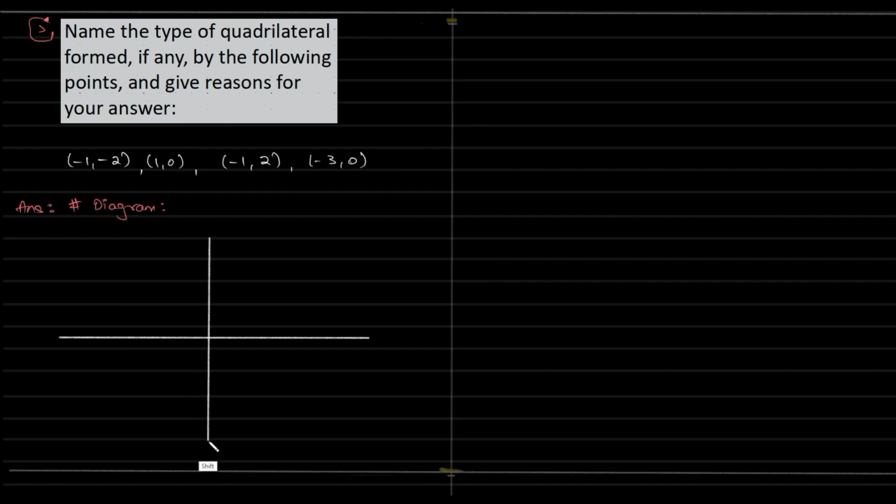So we have the grid system. You need not draw such a big grid, nor too small on the sides, but not too small though. So -1 and -2, that's my first point. 1 and 0 is somewhere over there. -1, 2 is over here, and -3 is to the left, and 0 is over there.